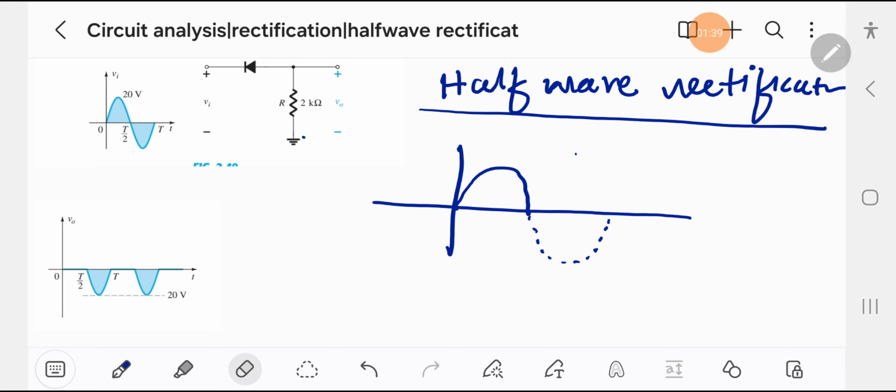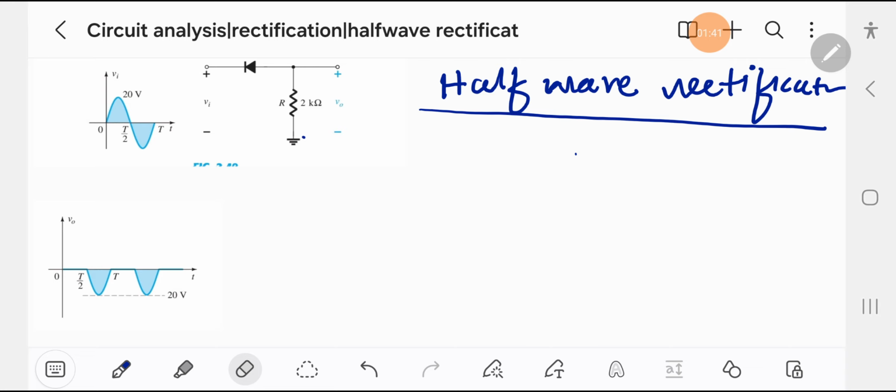For example, let's suppose we have a circuit and we are going to remove the negative portion from a signal.